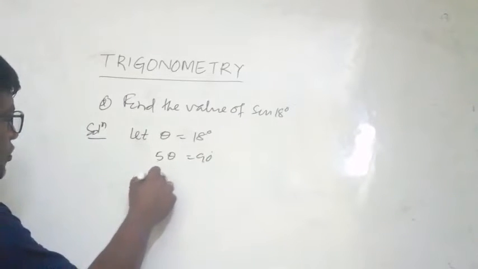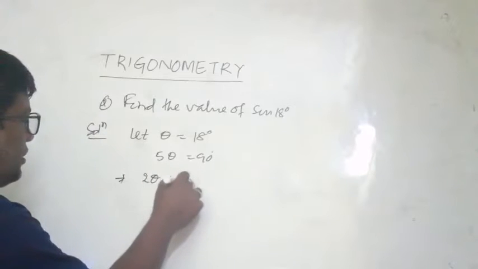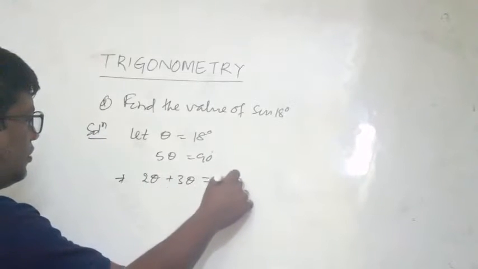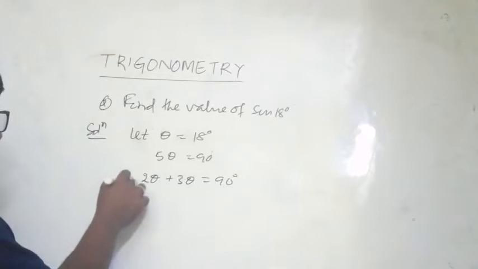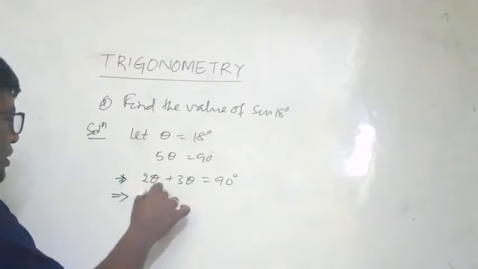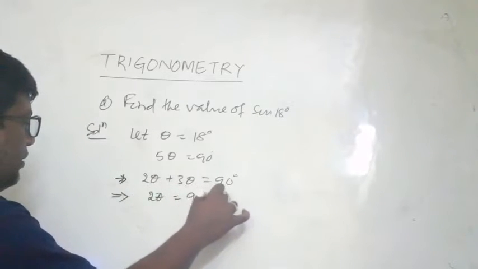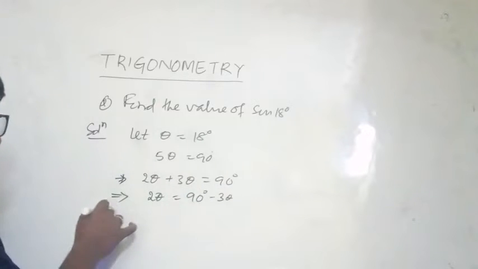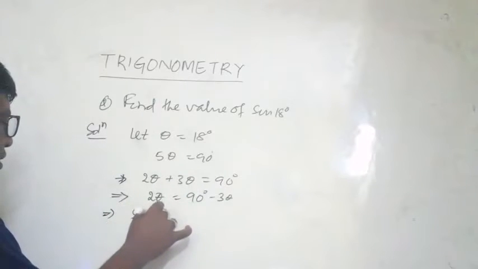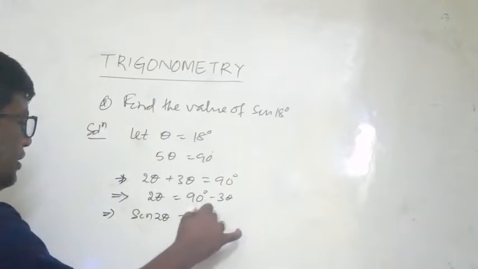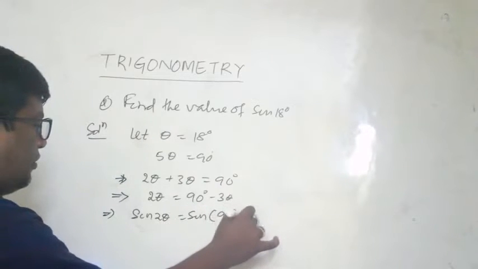So this is 2 theta plus 3 theta is equal to 90 degree. This implies 2 theta is equal to 90 degree minus 3 theta. Taking sine on both sides, sin 2 theta is equal to sin of 90 degree minus 3 theta.